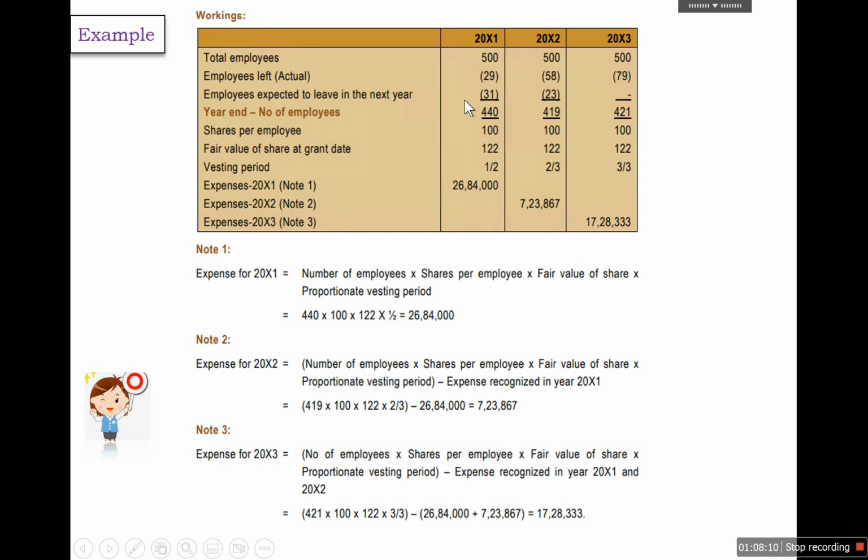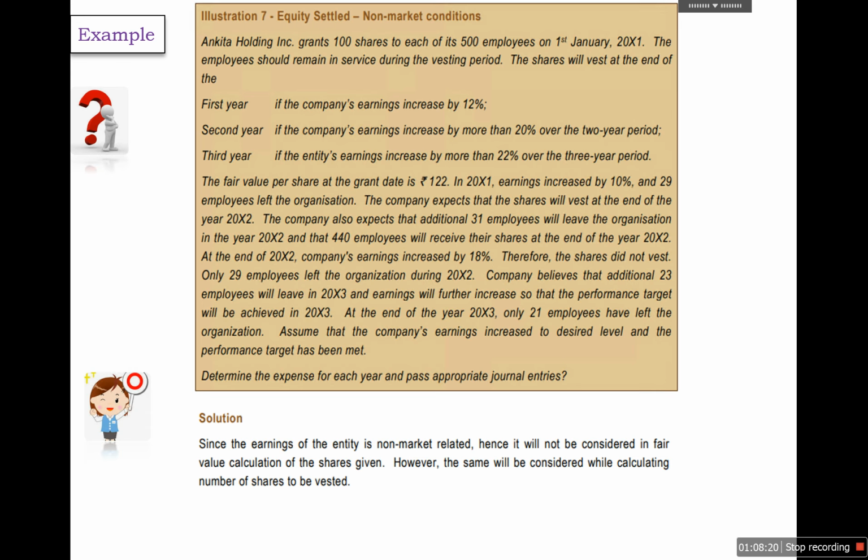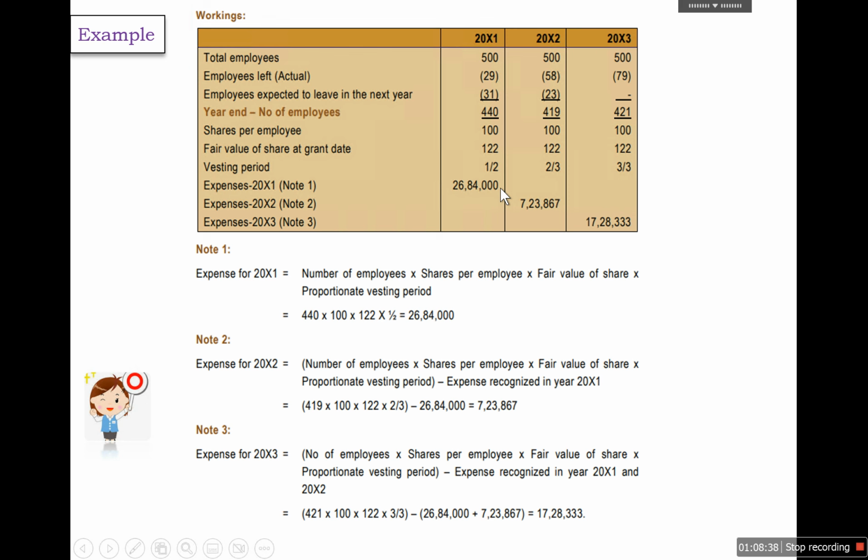So here the total employees were 500, actual left 29, and we are expecting that 31 will leave by end of the next year. And company expects at end of X1 that by X2 it will achieve the target. So vesting period is considered 2 years when we are calculating at end of X1.